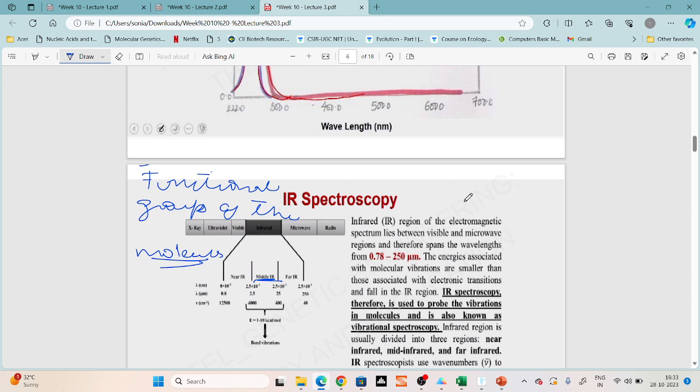Not just spectroscopy, whatever we have studied in this module and in other lectures are very important topics. Spectroscopy will always come, and it haunts most students because they are not able to understand what spectroscopy is. So I have tried to explain spectroscopy in a very basic and simple manner.